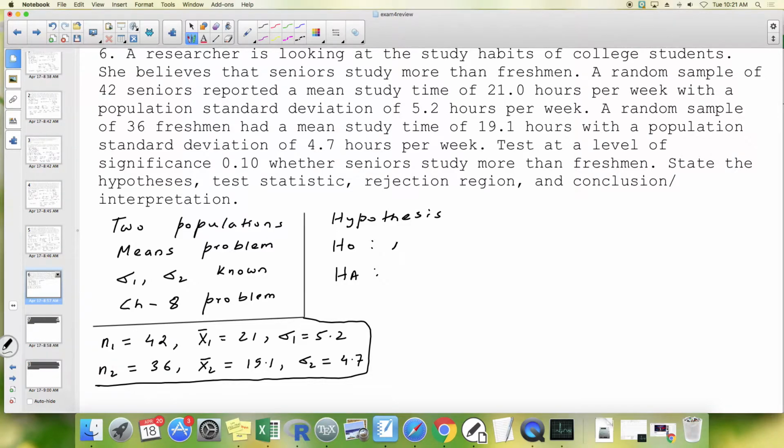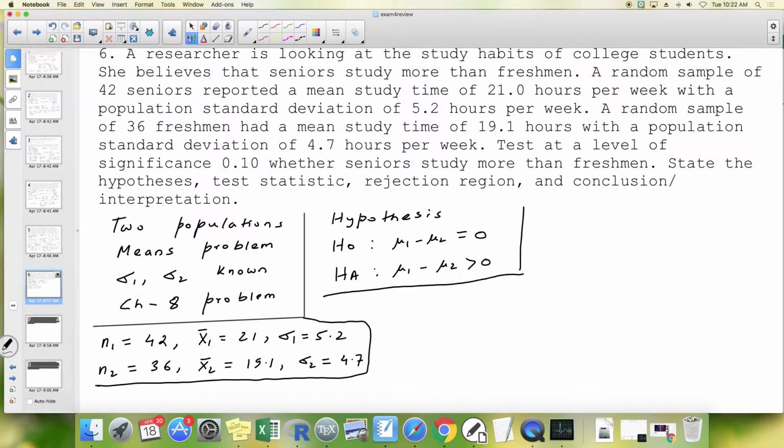So we should be dealing with mu1 minus mu2. Now, group 1 is the seniors, and we are here to test whether seniors study more than freshmen. Group 1 is senior, group 2 is freshman. We are here to test whether group 1 studies more than group 2. So mu1 minus mu2 should be positive versus 0. All right.